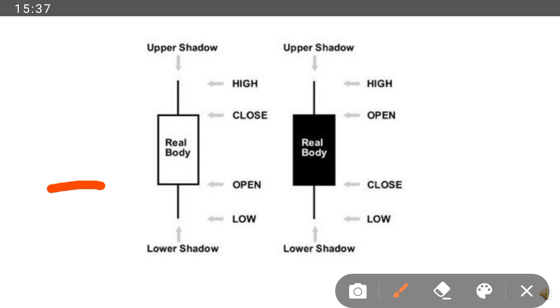After opening, it went down, but it didn't close there. It started going up again. But this time around, it's a candlestick. It's going up.